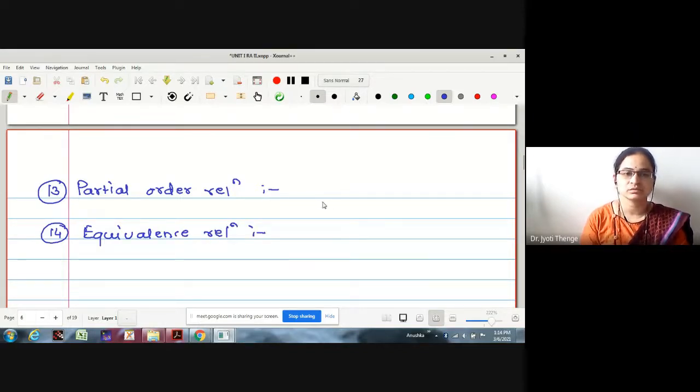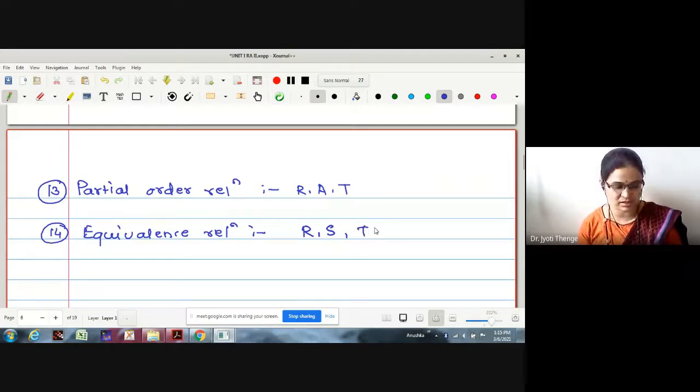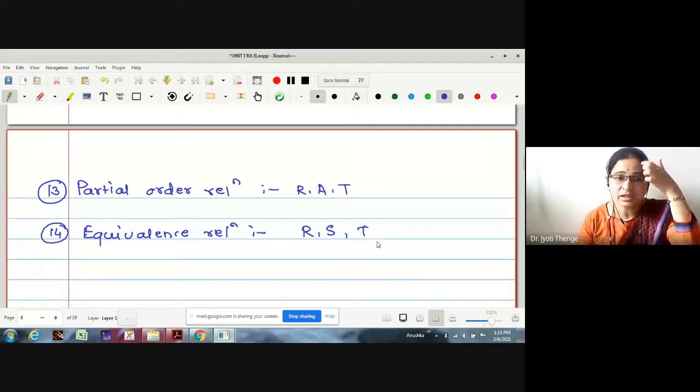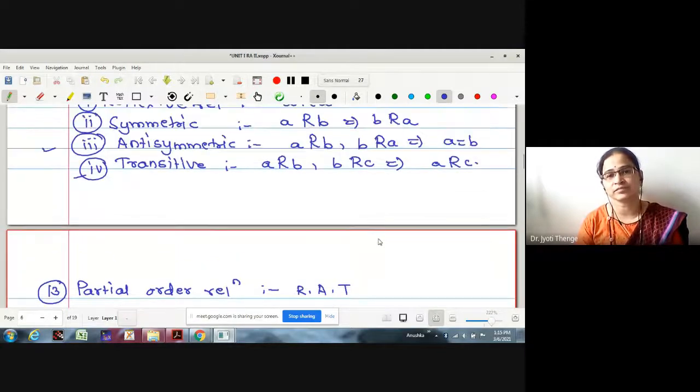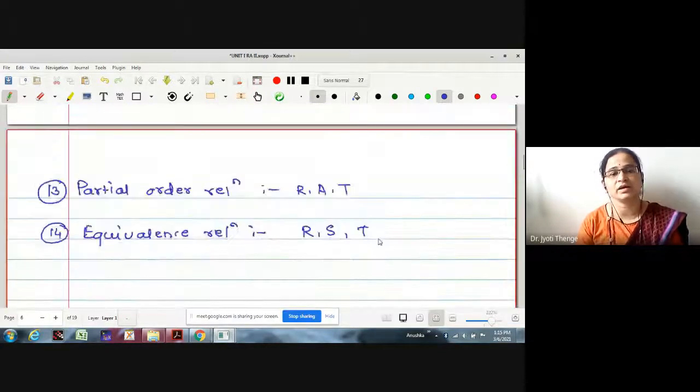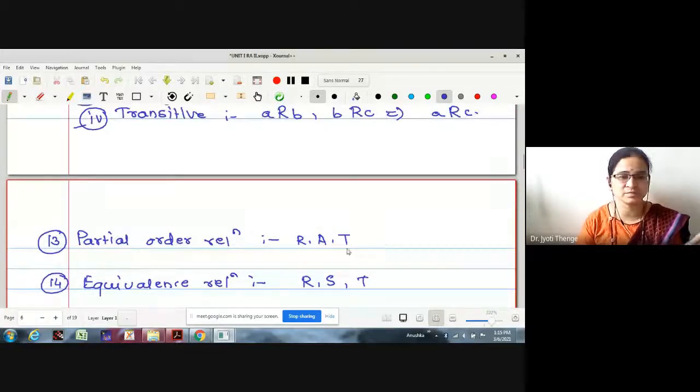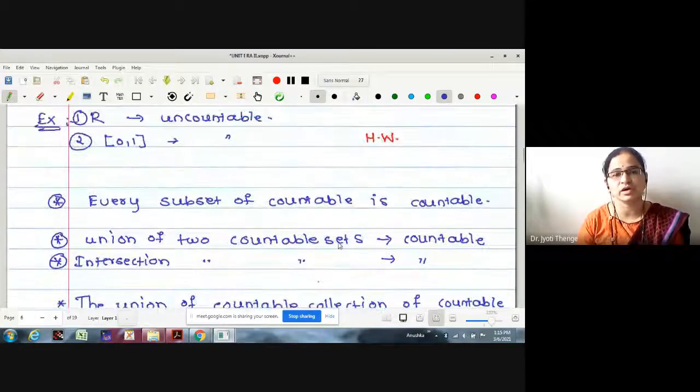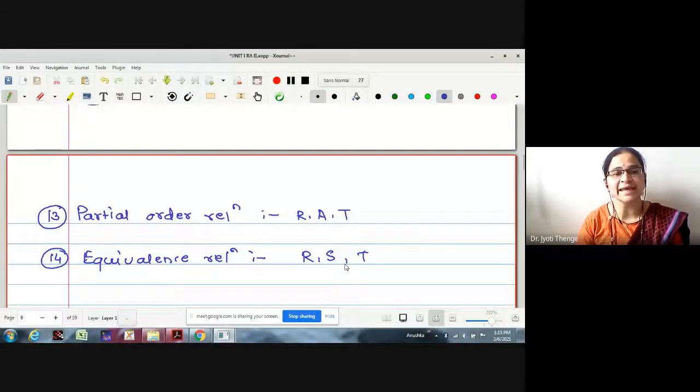If a relation satisfies the three properties RAT, reflexive, antisymmetric, and transitive, the relation is a partial order relation. And if it satisfies RST, that is reflexive, symmetric, and transitive, then the relation is said to be an equivalence relation. This equivalence relation is a word we have used many times. RAT and RST are the symbols to remember for partial order relation and equivalence relation.